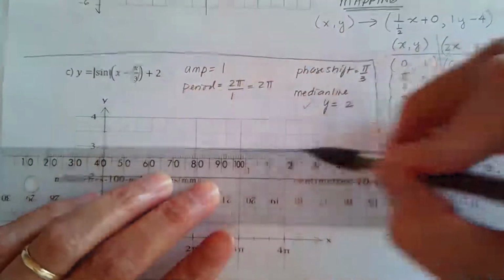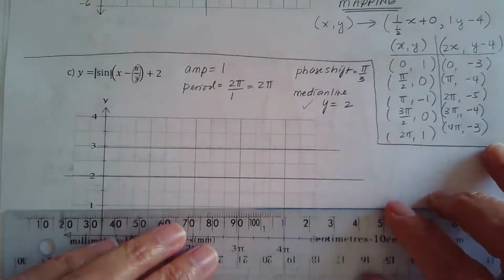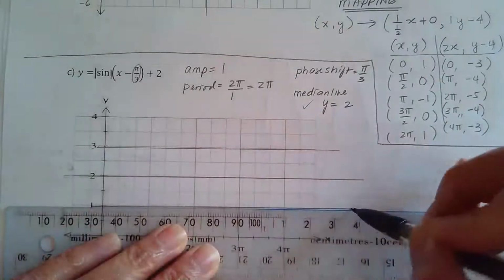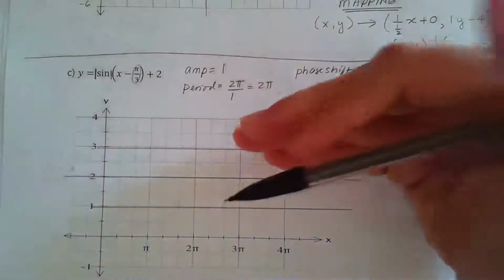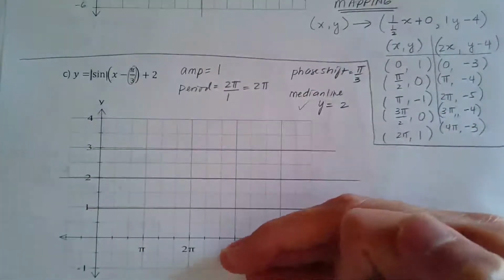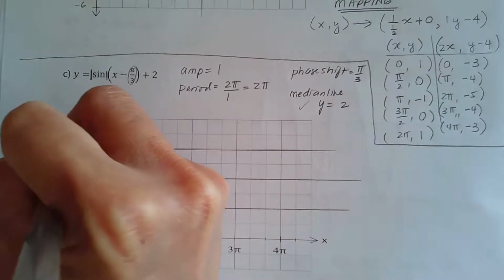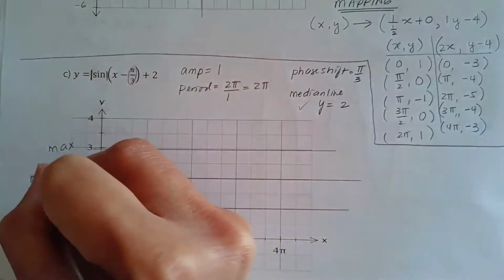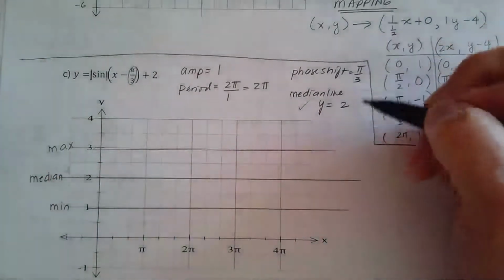I need to go 1 unit up and then 1 unit down, so that will take us to the minimum. Now we have a boundary of how far up we need to go and how far down. So this is the median, this is the maximum, and this is the minimum. So that covers the median line and amplitude.